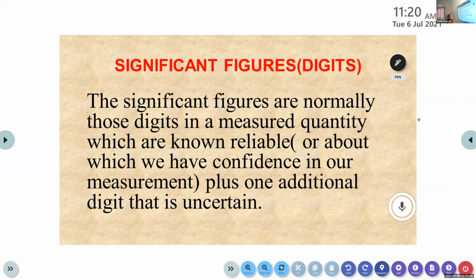The significant figures are normally those digits in a measured quantity which are reliable, that is, we have confidence in that measured value, plus one additional digit that is uncertain.